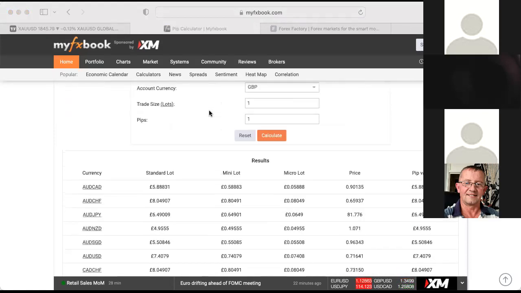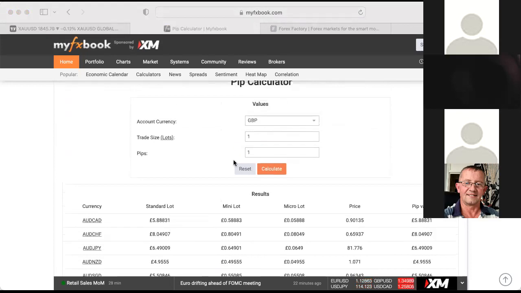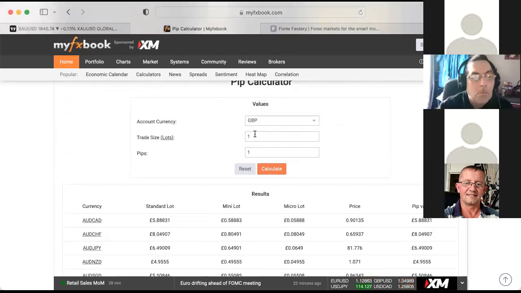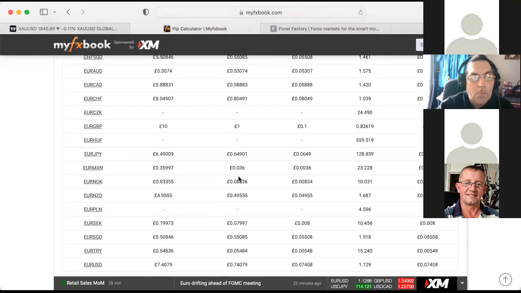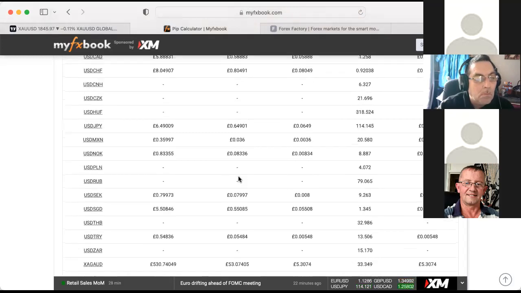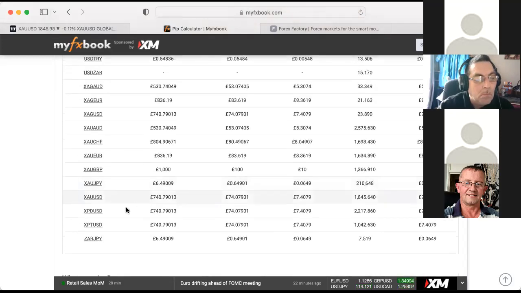Those of you who were on last week, we talked about the trade size for gold needing to be adjusted to 0.01. No, 1. So I'll ask you to recalculate that and go back there.